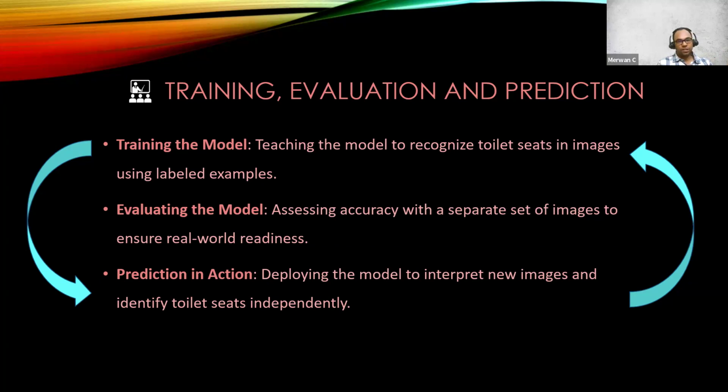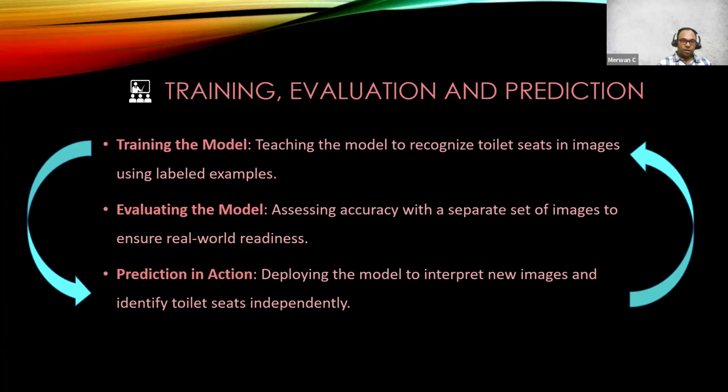And then the next is predictions. This is the final stage. With our model being trained and evaluated, this is the time to put our model to work on real world data. So we task it with new images and we observe.